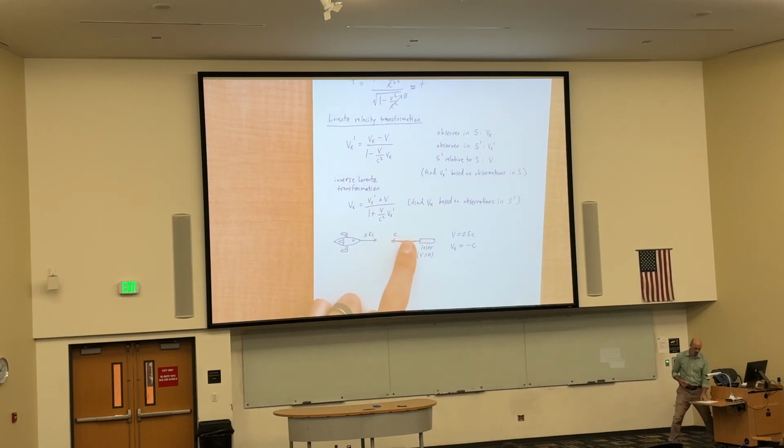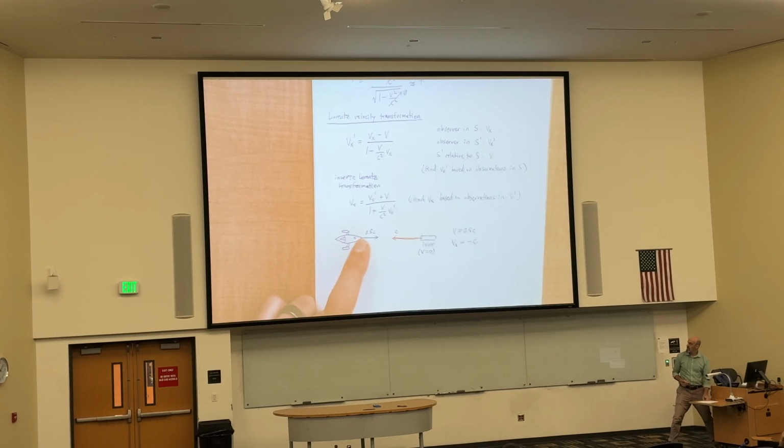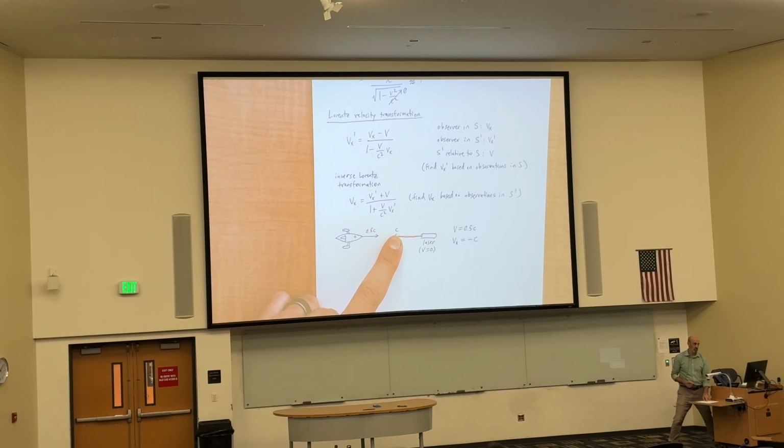And so we want to know, what is the speed measured by the person on the spaceship of this laser beam coming towards them? And we said previously that the second postulate of special relativity says that the speed of light has to be the same for all observers, regardless of whether the source is moving or the observer is moving, right?